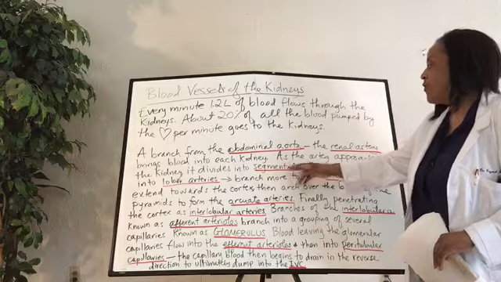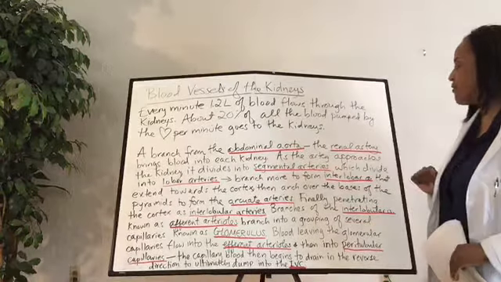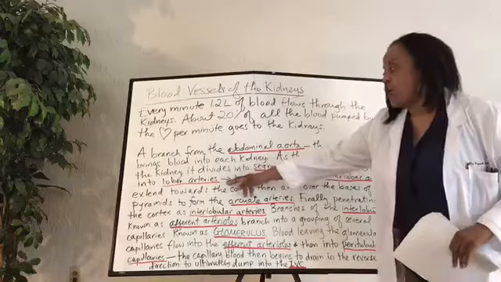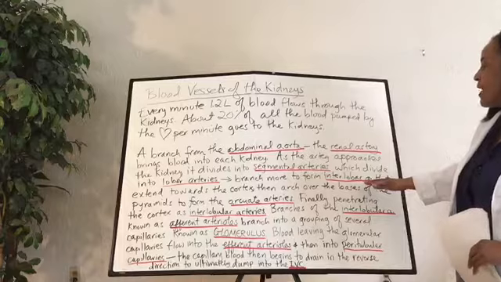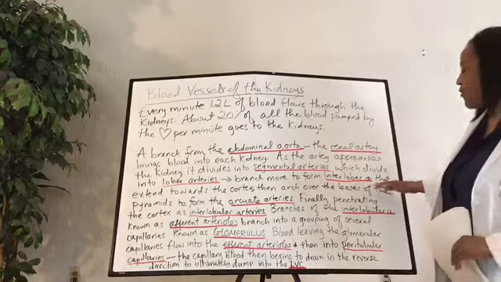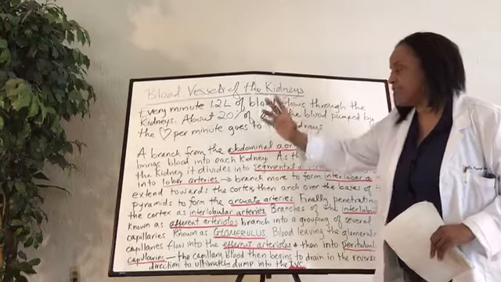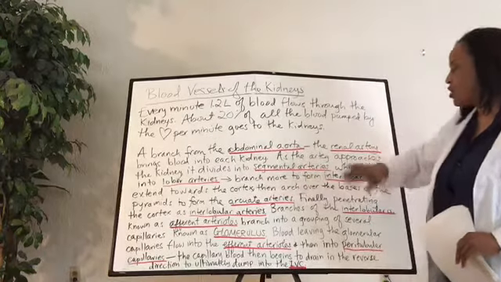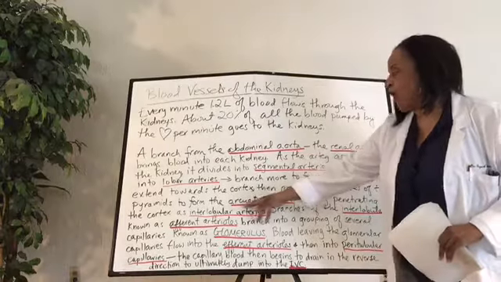So as an artery approaches the kidney, it divides into segmental arteries, which divide into lobar arteries. Going to be some more branching, branch more to form interlobar arteries that extend towards the cortex, towards the outer regions of the kidney, then arch over the bases of the pyramids to form arcuate arteries.